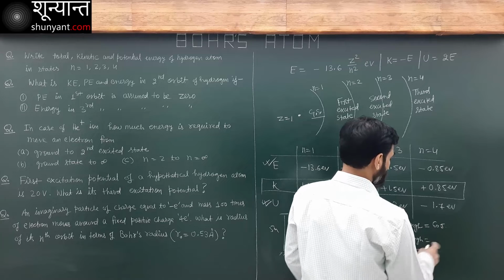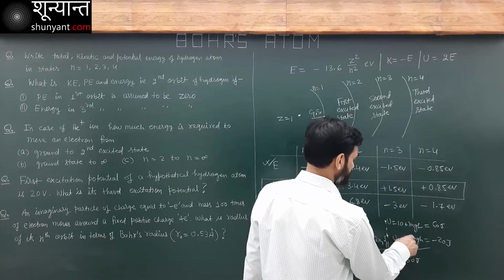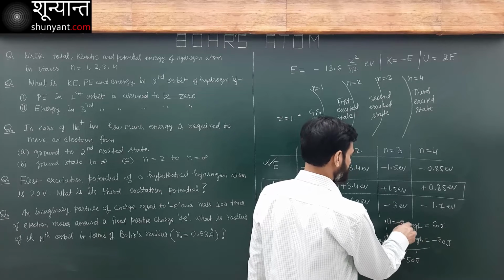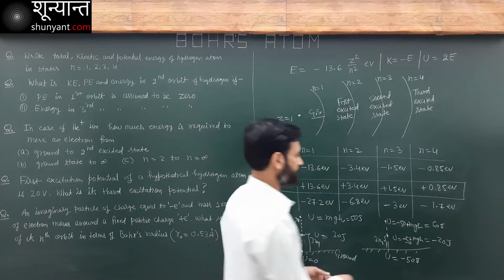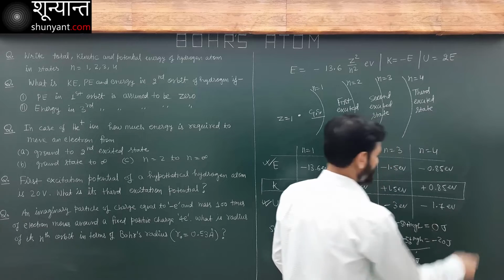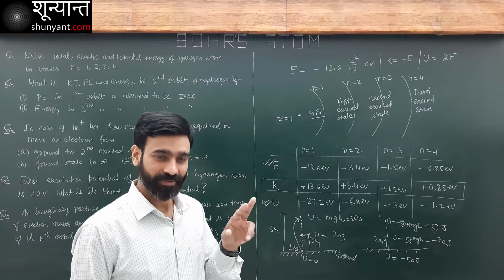Similarly, this also minus 50 plus this. Minus 50 gets added everywhere. This becomes 0.